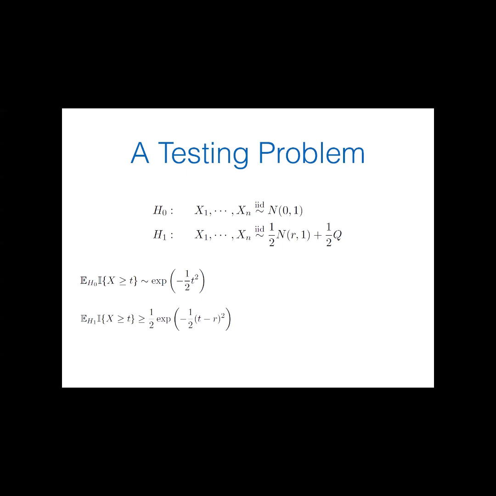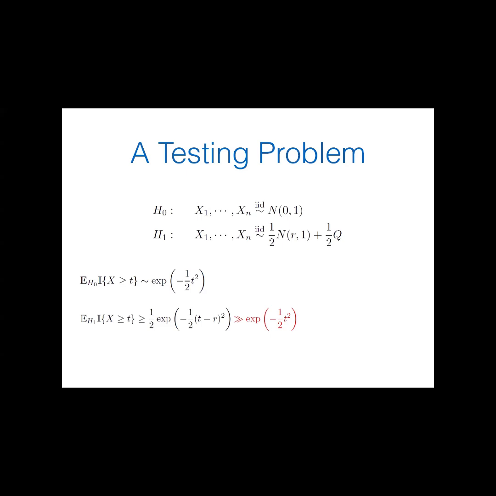So you have the mixing proportion 1/2, multiplied by the Gaussian tail probability, but this time you have a location shift R that goes into the exponent. Okay? So what you want is that the expectation under the alternative is much greater than the expectation under the null. Then this statistic has separation at least at the population level.